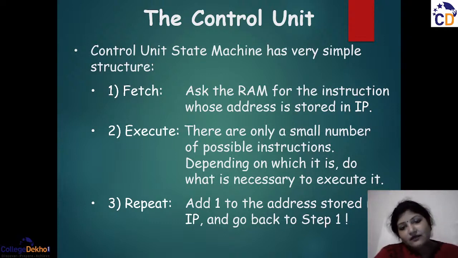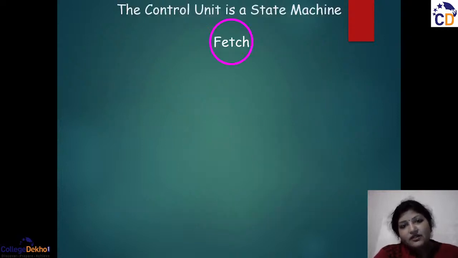Then the execute cycle: there are only a small number of possible instructions, and depending on which it is, do what is necessary to execute it, right? And repeat: add 1 to the address stored in the instruction pointer and go back to step 1. So basically it works like this.